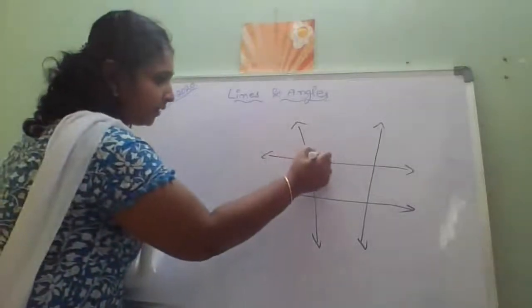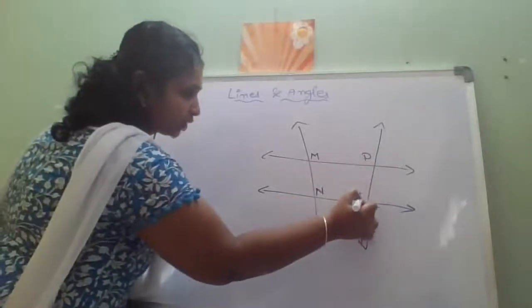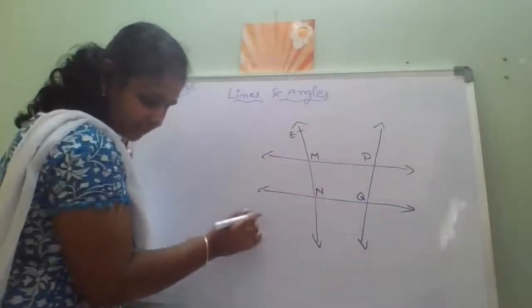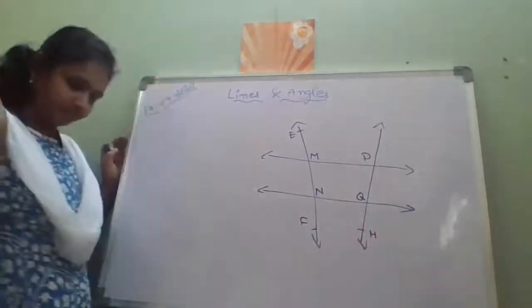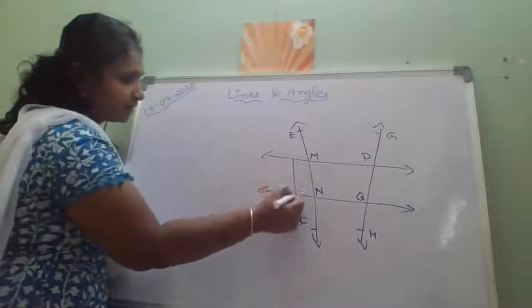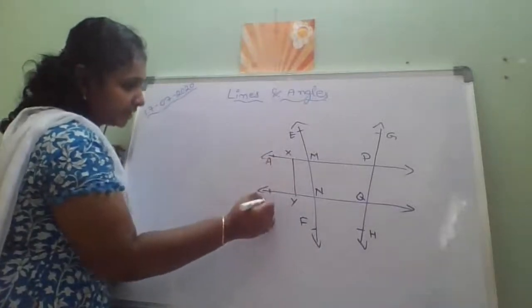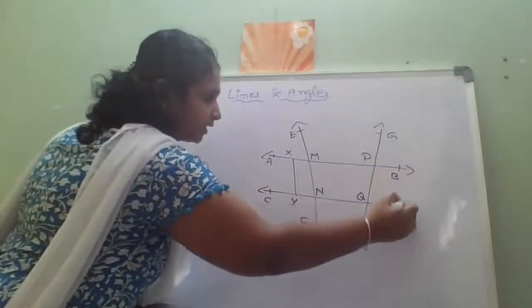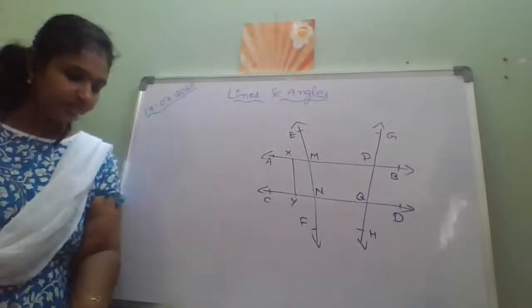M, N, P, Q. This one E, F, H, G. This one X, Y, A, C, B, D. Okay, this is the diagram.